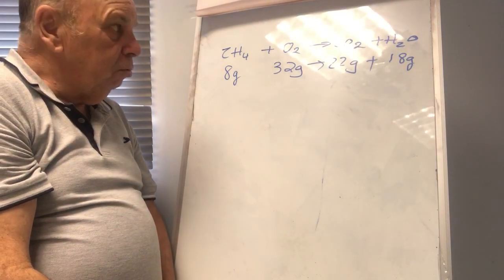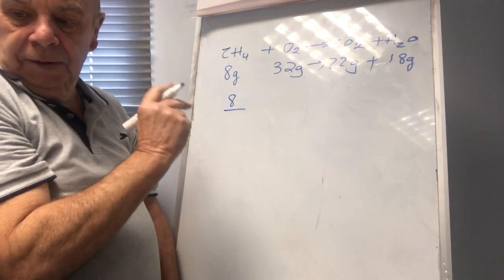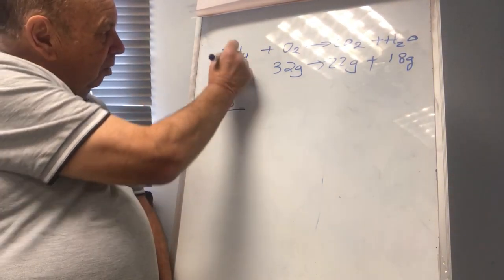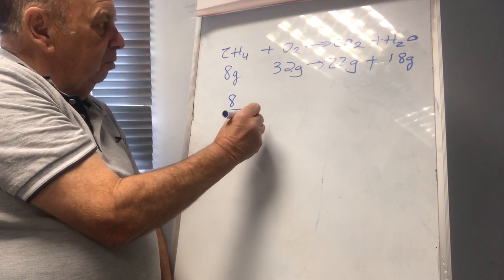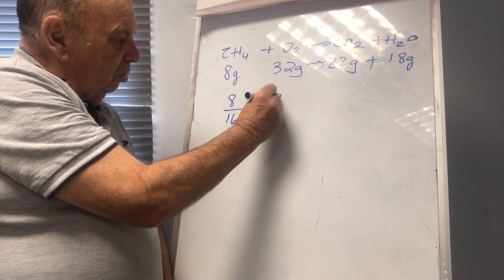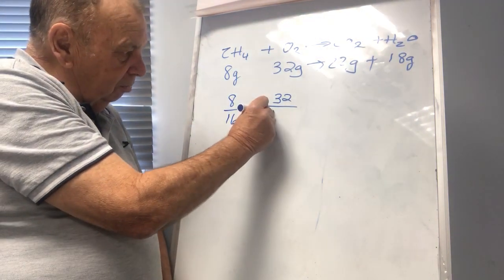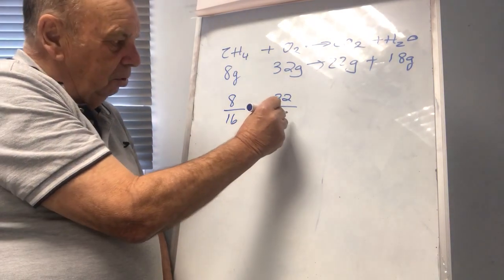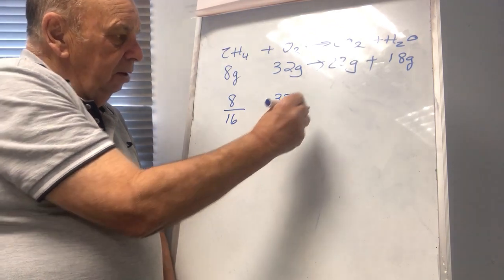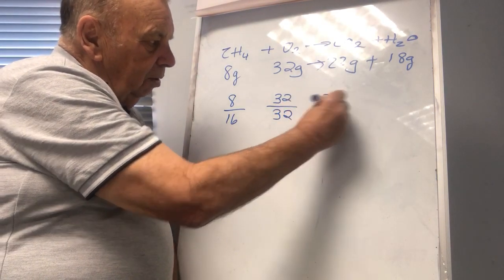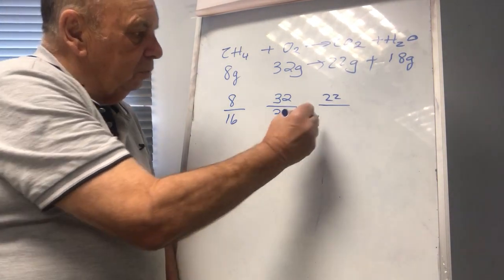Number of moles, 8 divided by the relative formula mass, that is 16, and that would be 32 grams divided by the relative molecular mass of oxygen gas, O2, is 32. Carbon dioxide is 22. The relative molecular mass of carbon dioxide is 44.